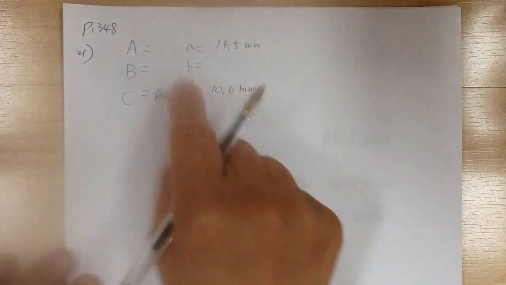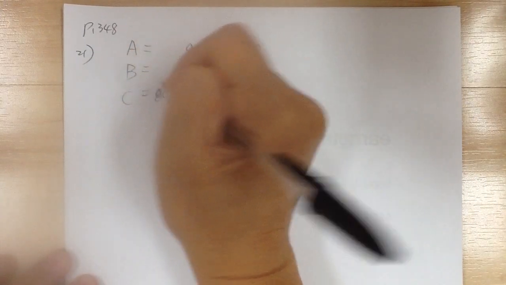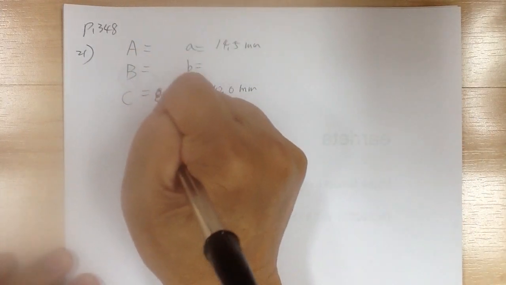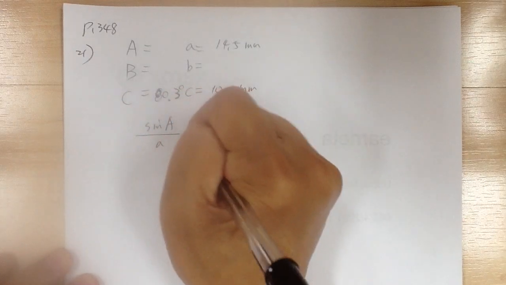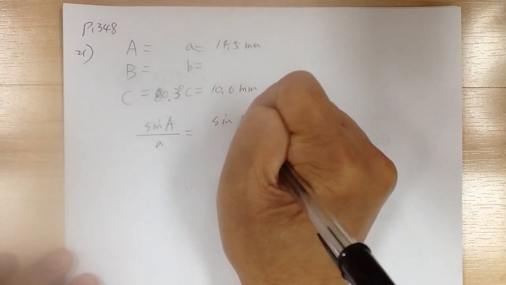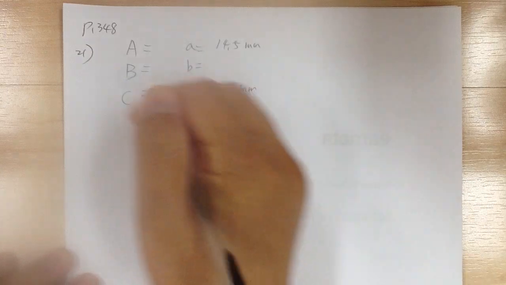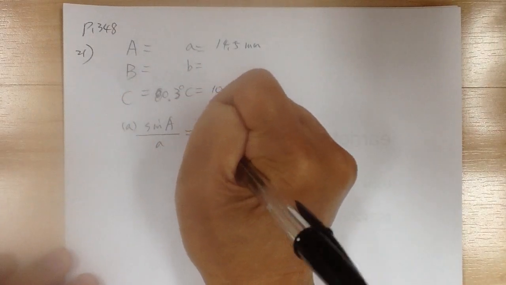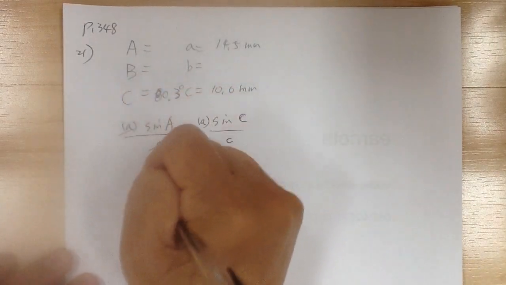You have two of the same letters, so let's use the law of sine. Sine A over A equals sine C over C. Multiply both sides by A, so this will cancel out.